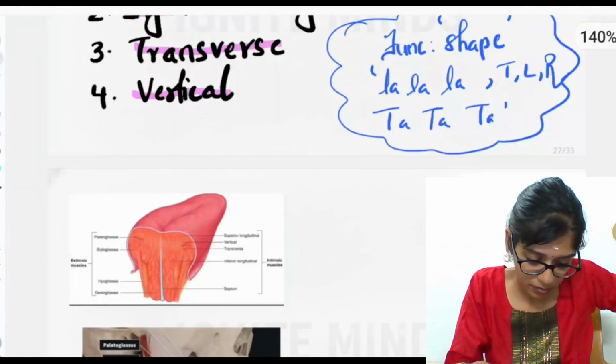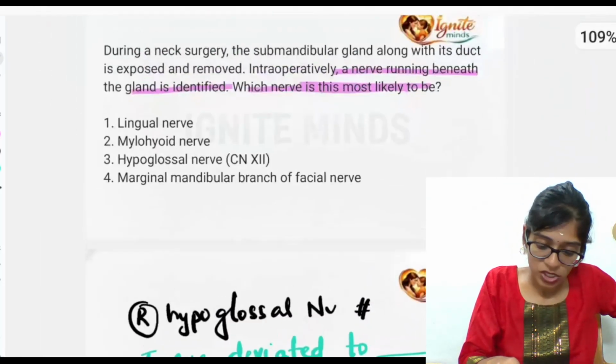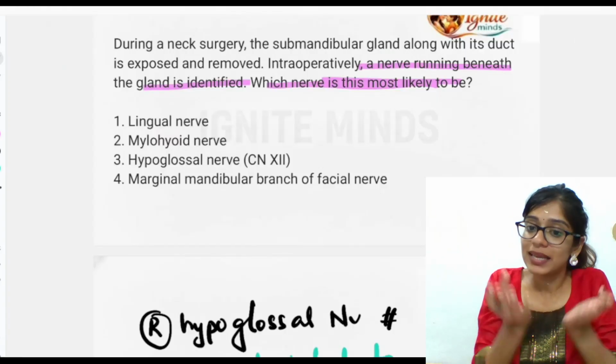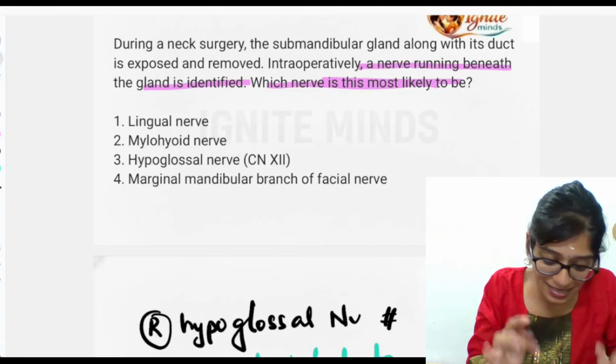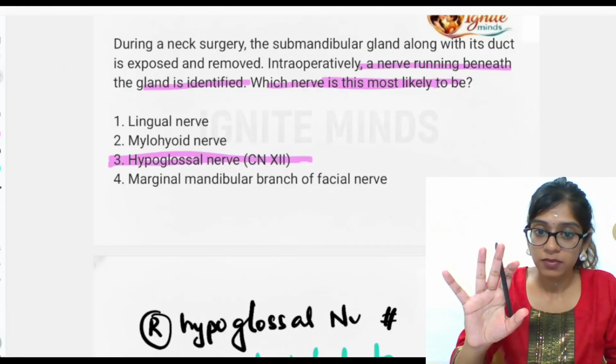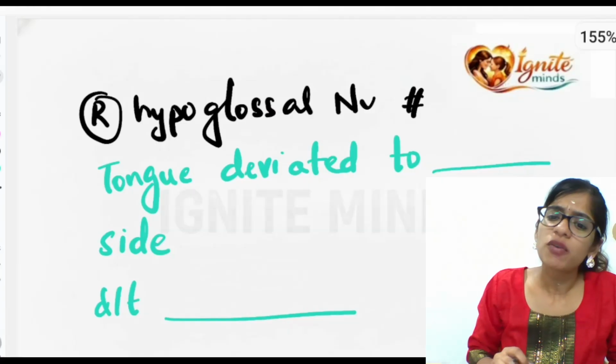Now there were a few more points. In this question, they ask which nerve lies beneath the submandibular gland. Answer here is hypoglossal nerve. Now my question is, why do you have to know this?